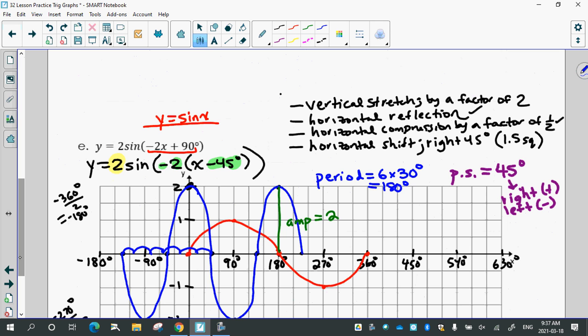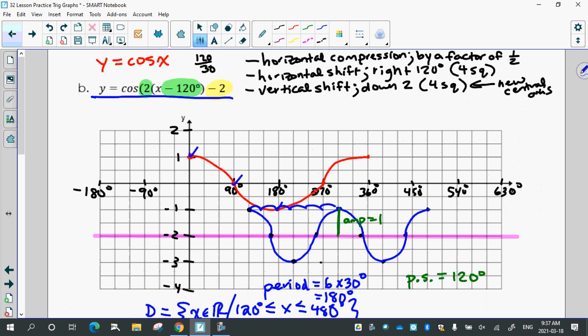Here, maximum is the k value, which is 0, plus the amplitude, which is 2. So the maximum should be 2, and it was. For this one, the maximum should be the k value, which is -2, plus the amplitude, which is 1.